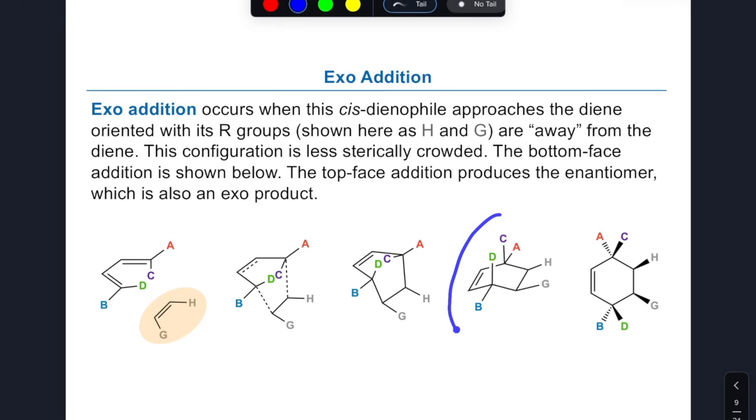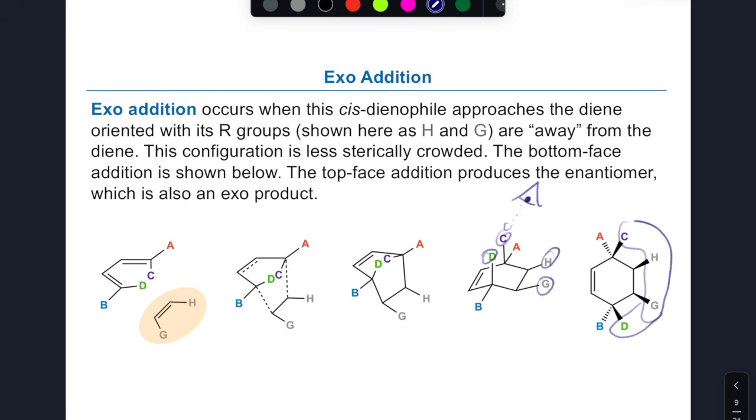Going from our chair-like geometry into the normal line bond geometry, again, imagine in this position, if I was viewing this from the top, and I look down across these ones, the ones that will be up towards me, the ones with the filled-in wedge, would be my C, D, H, and G. These ones across here are all up towards me, where in behind that one is my A and B. Those are going to be dash to the back.